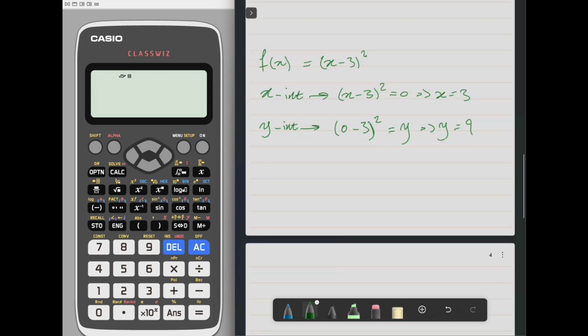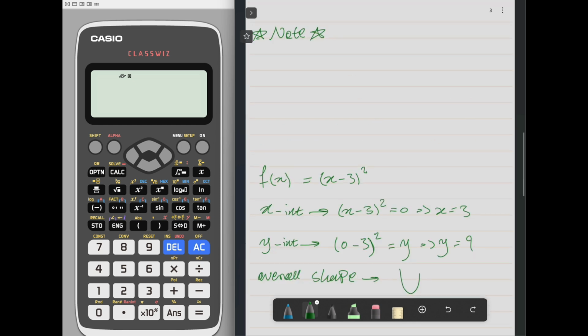And my overall shape will be U. Why? Because the coefficient of x squared here is positive. So my sketch will be something like this. Here it is 9, here it is 3.